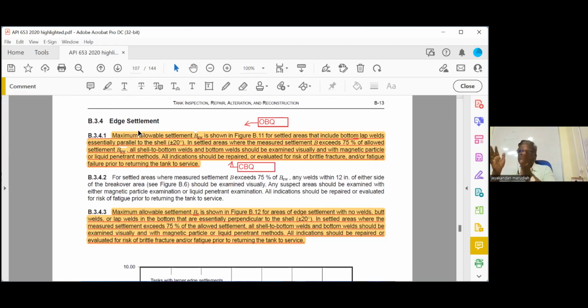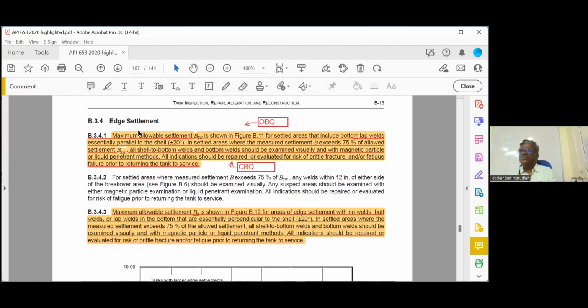Suppose it is not 3.5 inch, only 3 inches there. 3 inches is acceptable, but there is another requirement. If the settled area is more than 75% of the 3.5. So if you take 3.5 into 75% divided by 100, how much will it be? 2.6 inch.